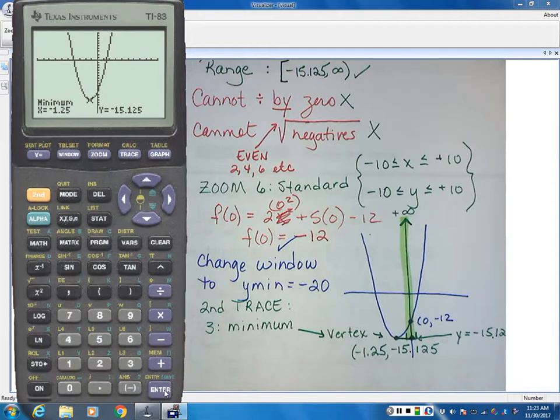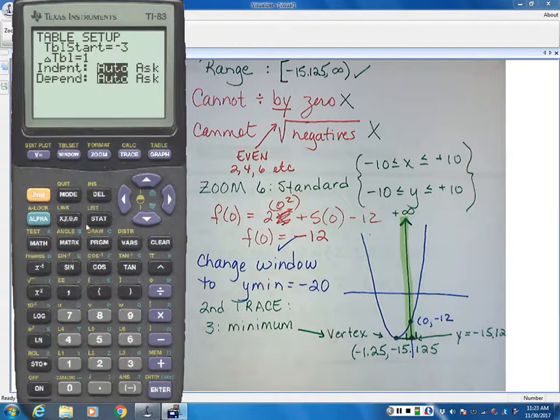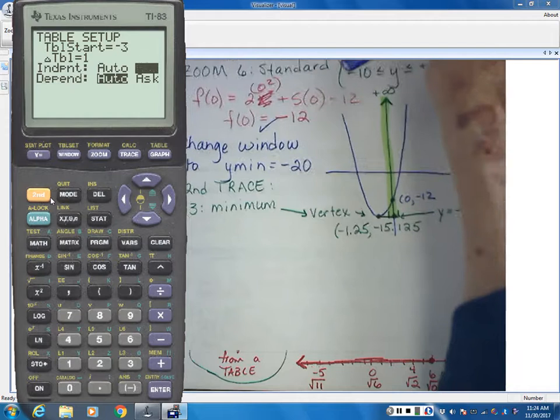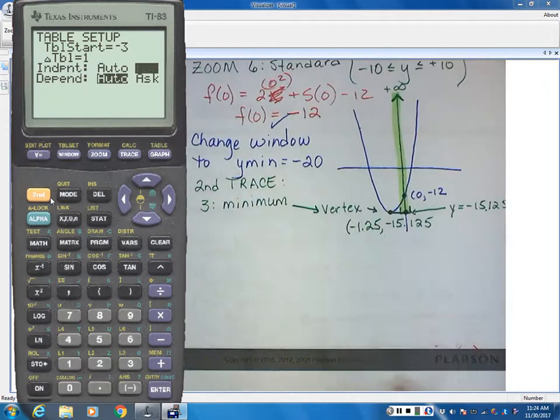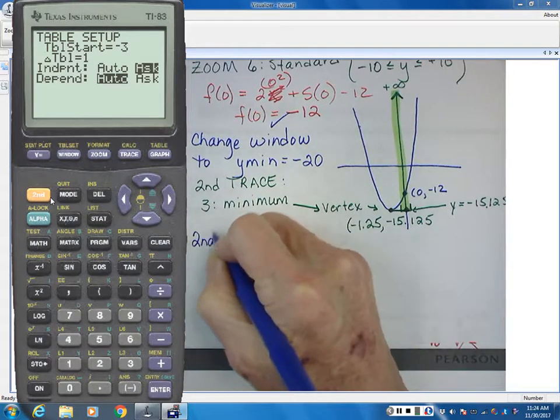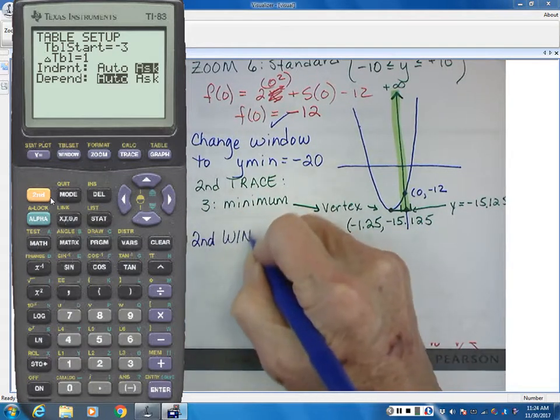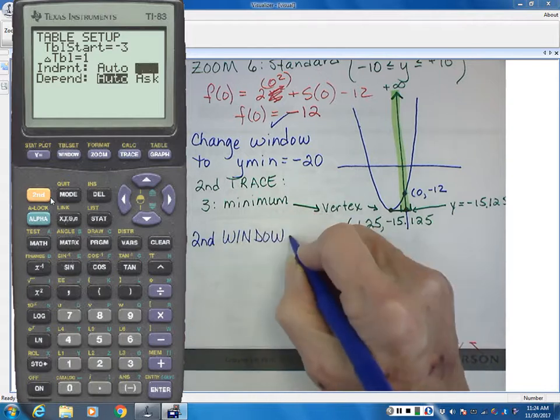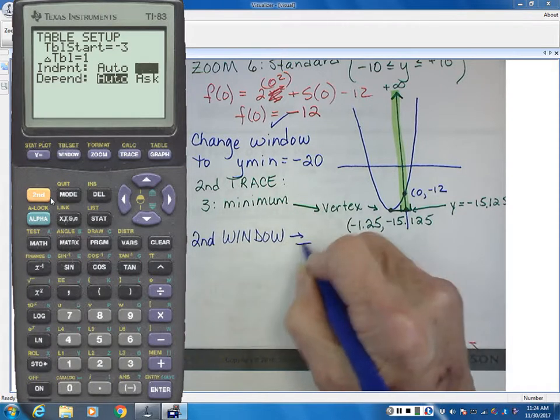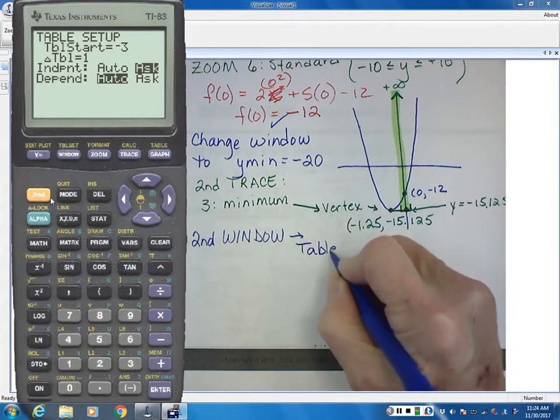Now if we go to the table, there is a way to actually see that happen. What we want to do is set our table up to ask. I can get to that menu. You hit second and window. And that's to set up your table, to find the table of values.